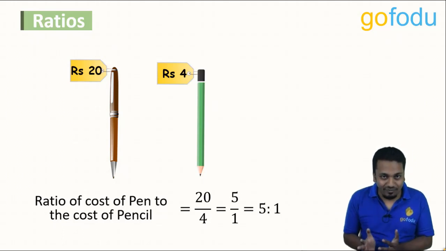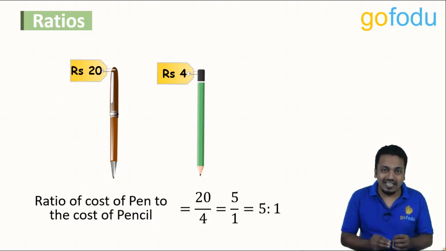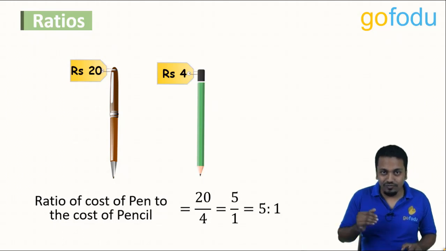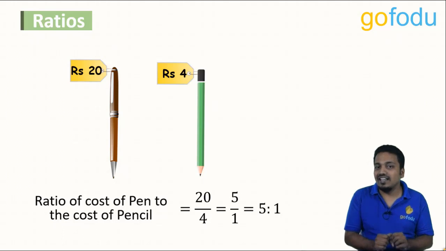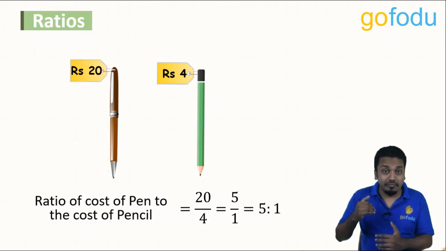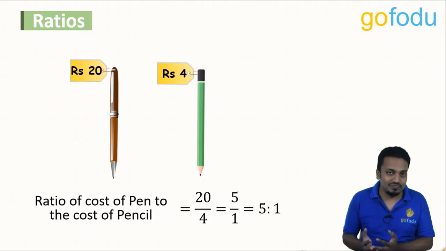So the prices are different here, but the ratio is the same, 5 is to 1. So if just the ratio is known to us, we cannot tell the exact price as there will be many values giving us the same ratio.